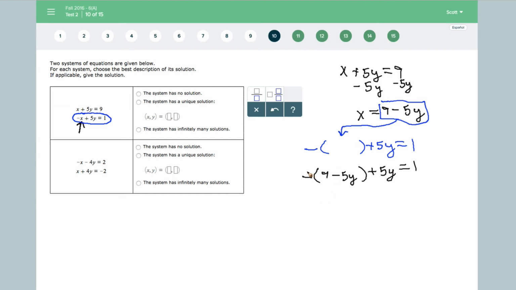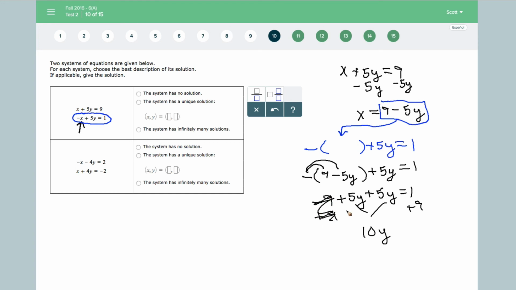Now I distribute. That's negative 1 times 9 is negative 9. Negative 1 times negative 5 is positive 5y, plus 5y equals 1. Now I add 9 to both sides and combine the two y's. 5 plus 5 is 10y.